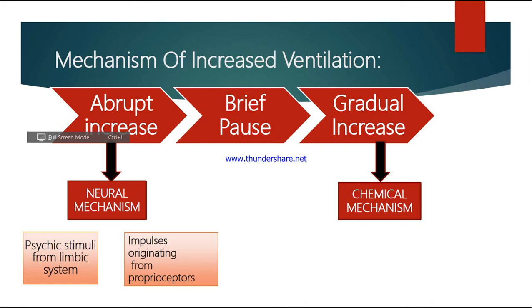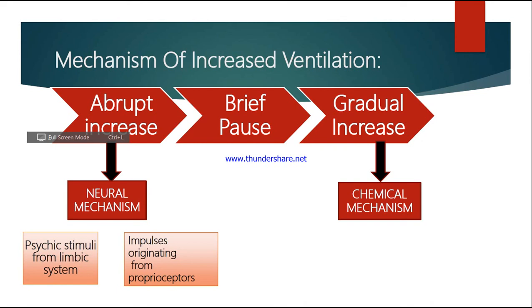Whenever there is an acute increase of ventilation, this is guided by the neural mechanism, while the graded increase in ventilation is guided by chemical mechanisms.